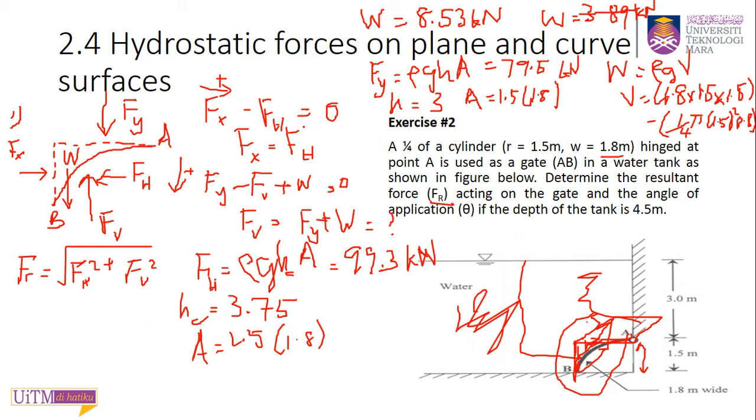Mana Fh kita? Ni lah. Oh, ni Fh. Okay. So what's the value for Fr? Fh squared plus Fv squared, square root of that.